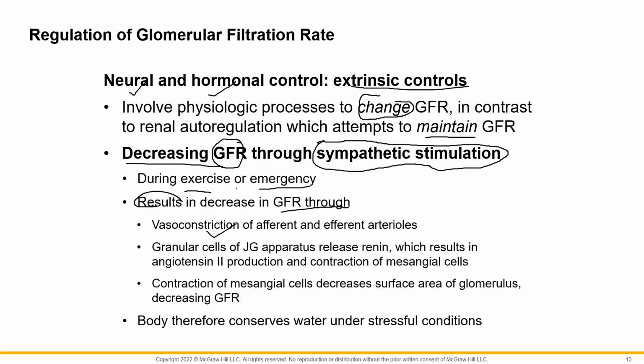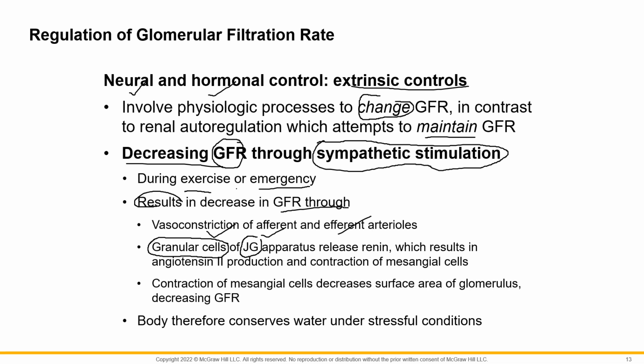First, vasoconstriction happens of the afferent and or the efferent arterioles. And then the granular cells of that juxtaglomerular apparatus. In the previous lecture, we talked about the juxtaglomerular apparatus, which had the JG cells and the cells of the macula densa that were wedged between the afferent arteriole and your distal convoluted tubule, right?